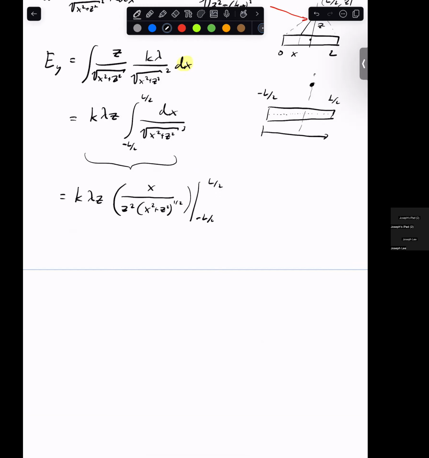So now it's just a matter of plugging this in. I'll pull the z squared out here as well. So I've taken this and I put it out here. When x is L over 2, I get L over 2 over the square root of L squared over 4 plus z squared.